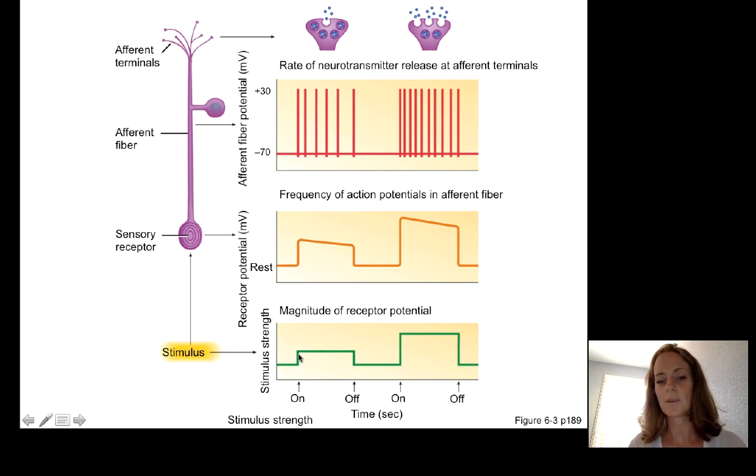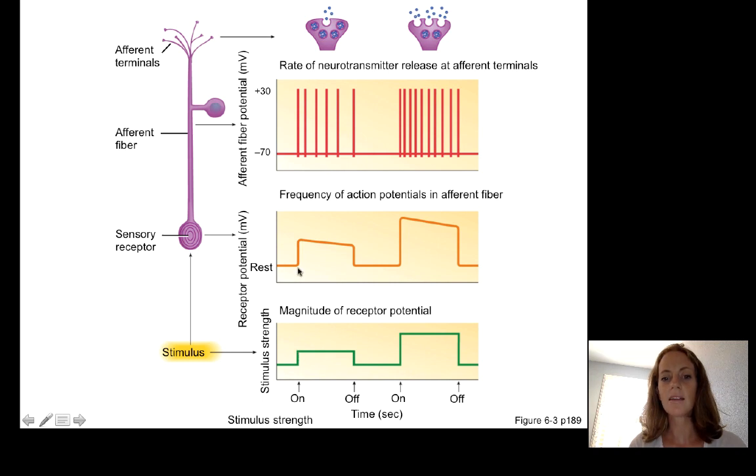So here's a stimulus, we turned it on, and that created a graded potential or a receptor potential. A bigger stimulus will give a bigger graded potential. The receptor potentials can then be converted, if they pass threshold, into action potentials in the sensory neuron.